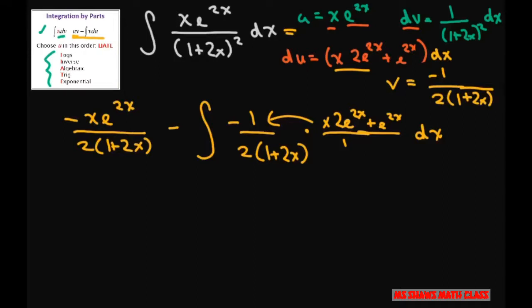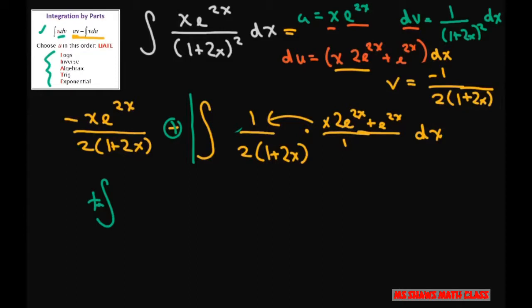So let's clean up this part in here. I'm just going to look at this part right in here. And to clean up that part, let's factor out e to the 2x. And we have 2 negatives here, so let's go ahead and make that a positive and not deal with this negative here. All right, so now we know that this is going to be positive here when we add it all together.